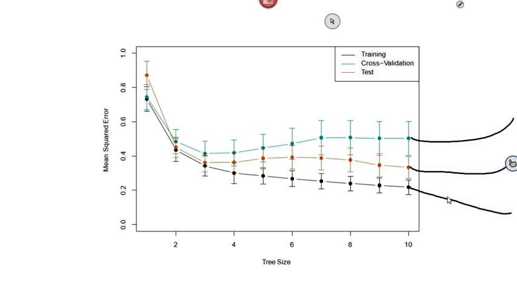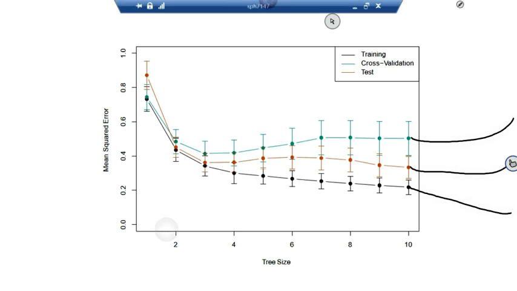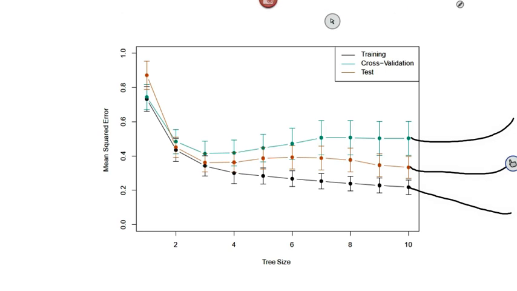So at this point, we need to select the tree size that corresponds to a good validation and testing accuracy. So what tree size would you select that you think from this figure is most appropriate? What do you think is the most appropriate tree size to select?